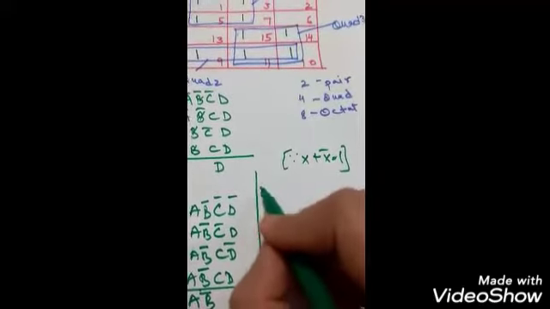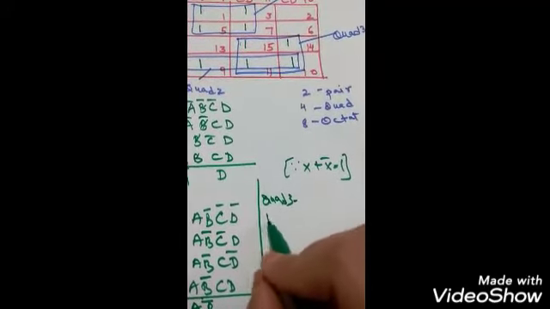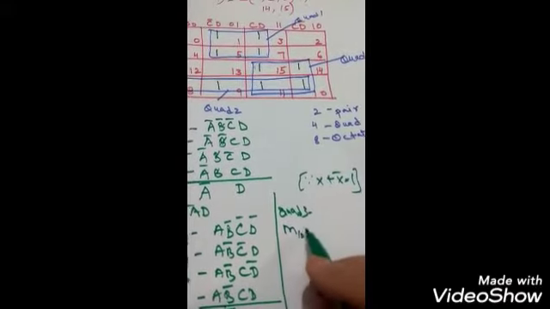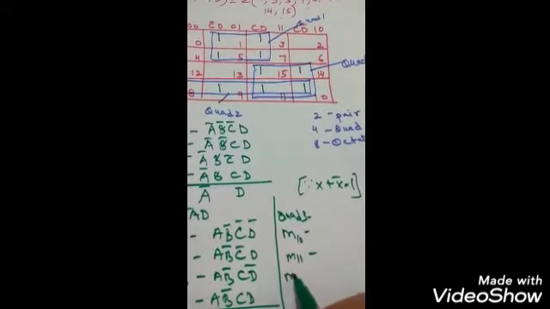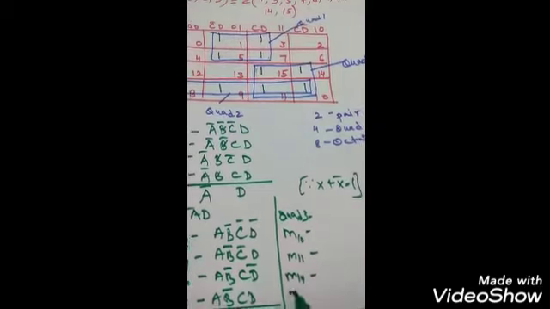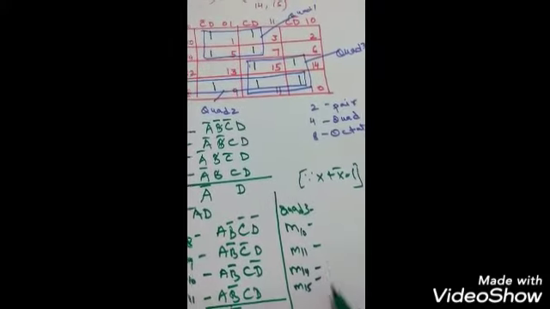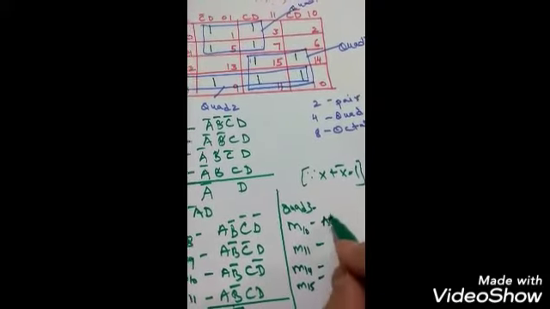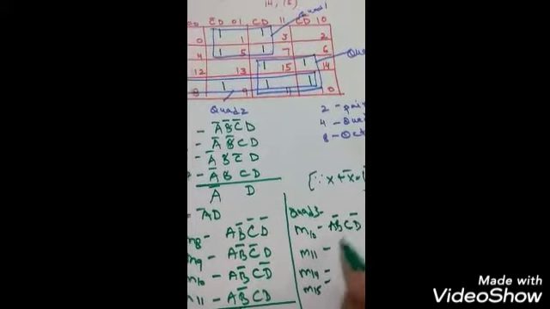Similarly, for quad 3 we will take M10, M11, M14, M15. M10 we see from this: A B complement, C D complement.